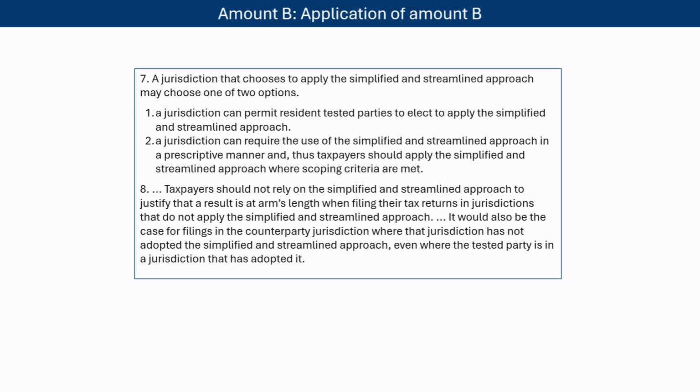And it applies for both sides of the transaction, because the guidelines go on to say it would also be the case for filings in the counterparty jurisdiction where that jurisdiction has not adopted the simplified and streamlined approach, even where the tested party, in other words, the distributor, is in a jurisdiction that has adopted it. So if the distributor's jurisdiction follows the simplified and streamlined approach, but the principal's jurisdiction does not, you cannot apply the simplified and streamlined approach.